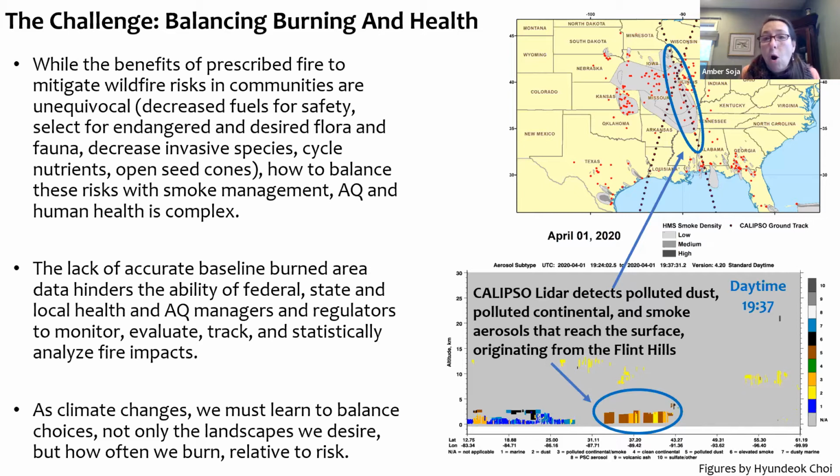We need to think of all of it when we balance fire and smoke on our landscapes, so how it interacts in our environment. We need to learn to live with fire on our landscapes and know the science so that we can make these balances as climate changes. So a lot of choices and knowledge that we need here. Next slide, please.